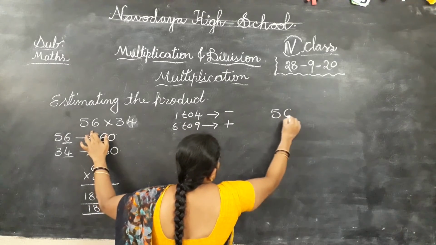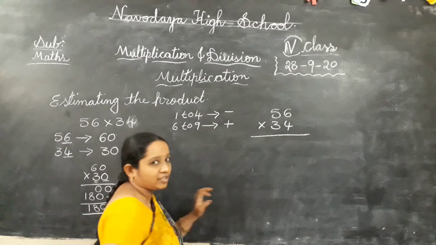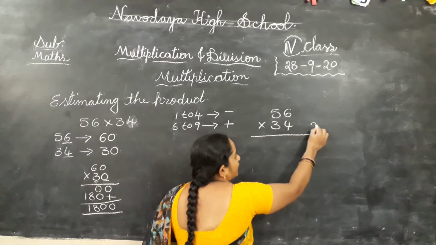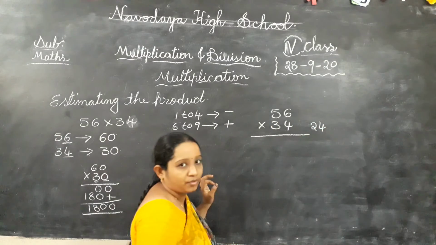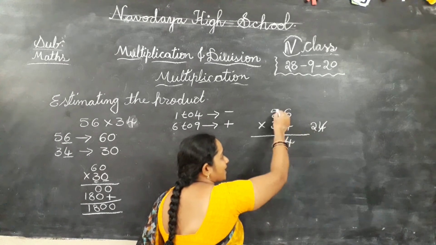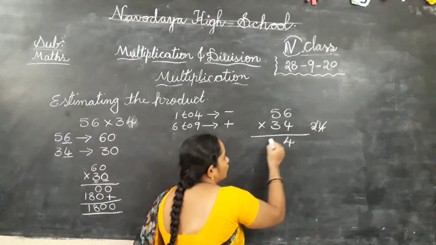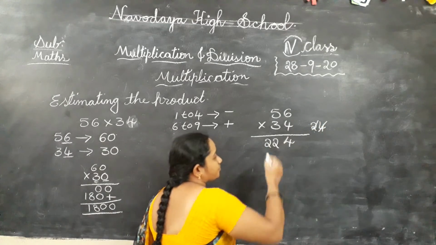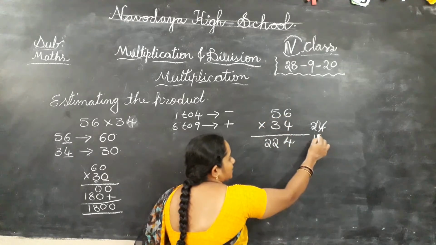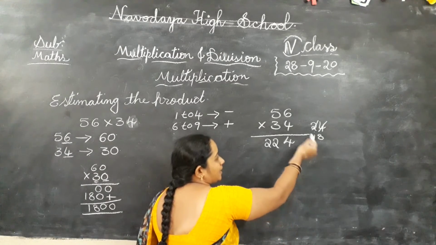Actual multiplication, 56 into 34. So multiply with 4 first, after that 3. 4 6s are 24. 24 is a 2-digit number. Write the ones place digit under the answer place. 2 is carried forward. 4 5s are 20. 20 plus 2 is 22. Next, 3 6s are 18. 18 is also a 2-digit number. 8 is in the answer place, 1 is carried forward.